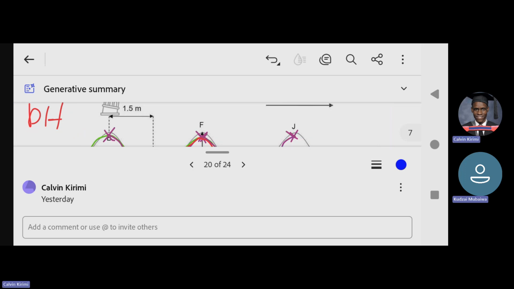Can you please give examples of out of phase? Examples of out of phase.